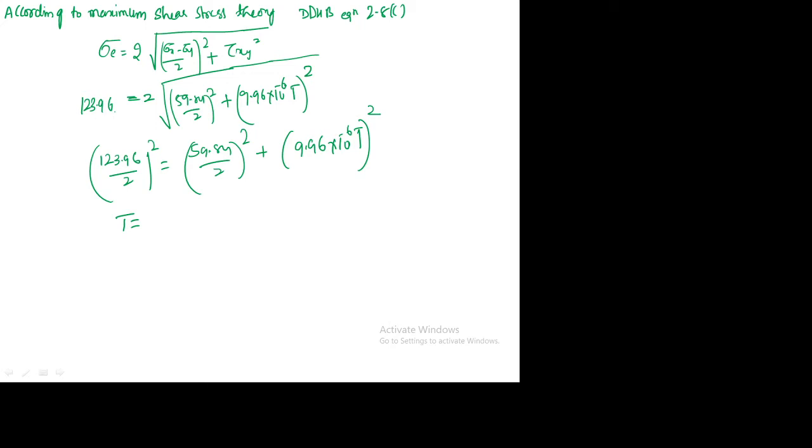So t is 5.44 into 10 to the power of 6 Newton mm, or 5.44 kilonewton meter. Now, what is the maximum value that can be transmitted by comparing both theories of failure?